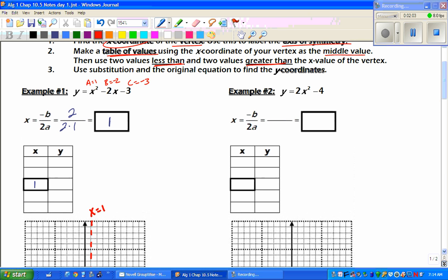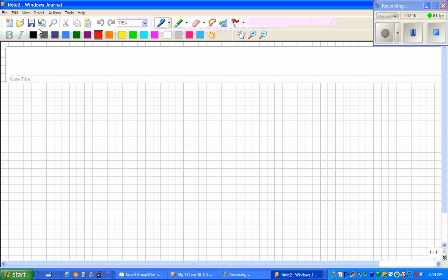Okay? Now, we have to make a table of values. The x-coordinate of the vertex is the middle, and that's what we did right there. Now, we have to pick two numbers less than and two numbers greater than. So, if you're having trouble with that, there's 0, 1, 2, 3, 4, 5.